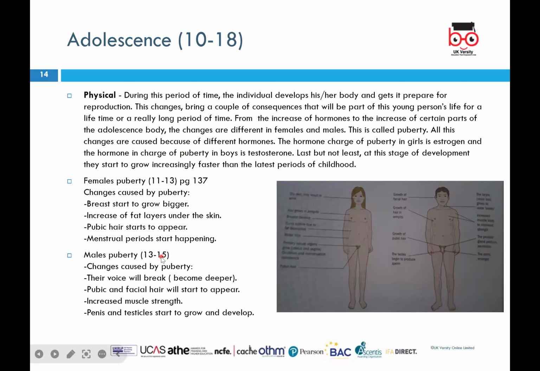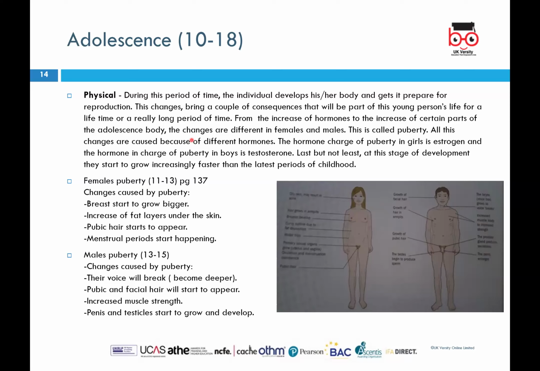For females, changes occur in the breasts as they grow bigger because of estrogen. There's an increase of fat layers under the skin, pubic hair starts to appear, and you have your first period as well. So there's estrogen and testosterone for females and males.